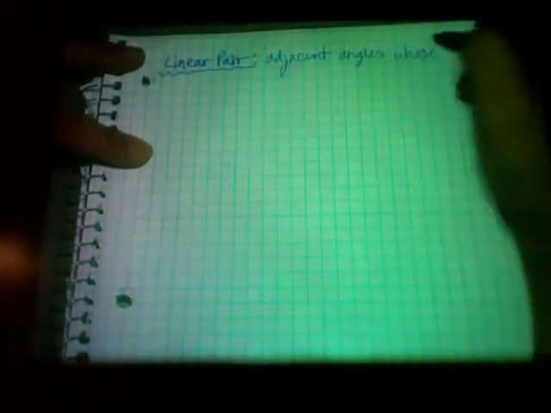So a linear pair would be adjacent angles whose non-common sides are opposite rays.